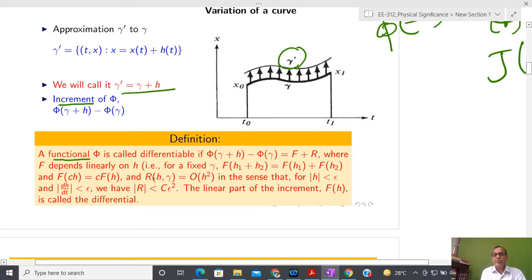Here f is going to satisfy two properties: additivity and homogeneity. So this part follows the principle of a linear transformation. Whenever we define this increment, I am going to collect those terms which follow these two properties.